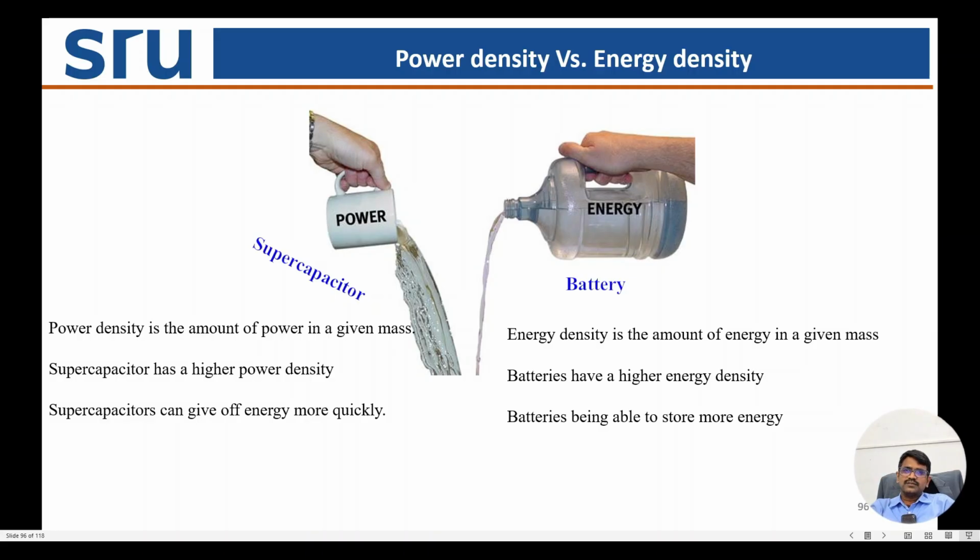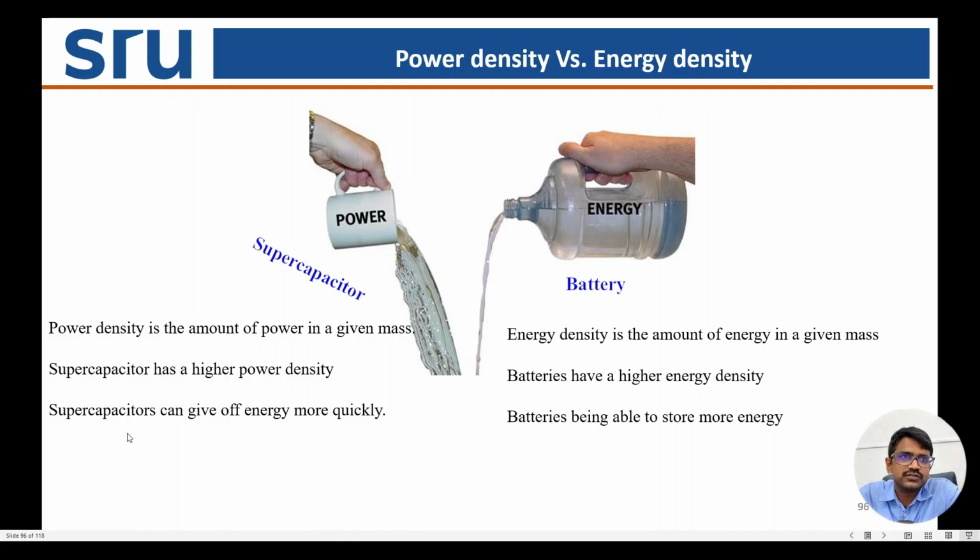But a battery cannot deliver that much demanded energy within a very short time. So that's why supercapacitors provide power. Battery stores more energy.